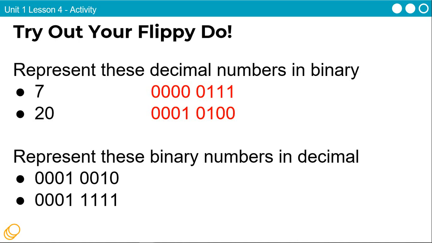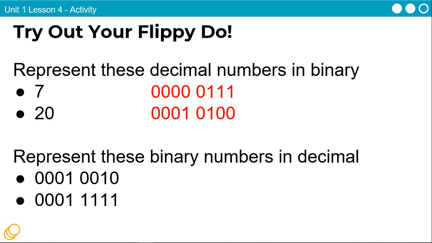The next place is 32, but 32 is bigger than 7, so that's a 0. The next place is 16, but 16 is bigger than 7, so that's a 0. The next place is 8. 8 is bigger than 7, so that's a 0. But the next place is 4. Since we can put a 4 in there, we put a 1 for that place. Subtract 4 from the 7, that leaves us with 3.